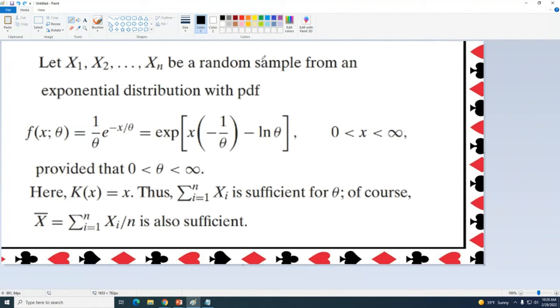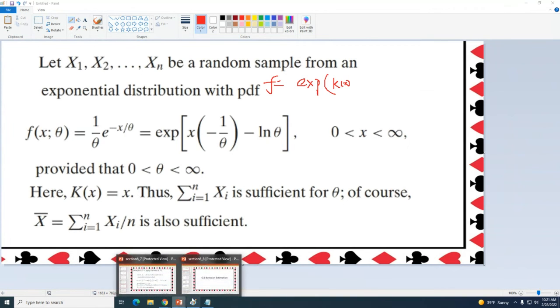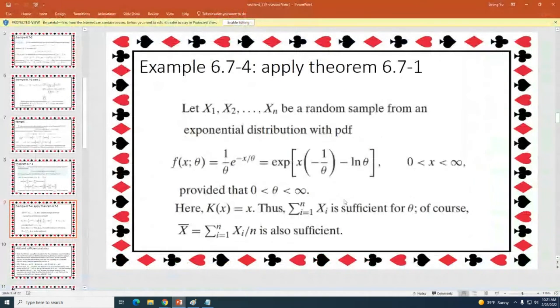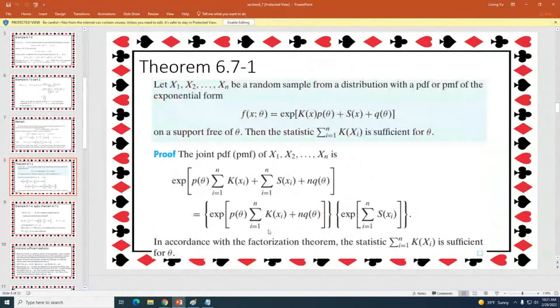Let's write. Well, so we can annotate. We want to write that into exp of this three-part form. One is a function of x multiplied by a function of theta. What was the notation? P theta, Q theta.